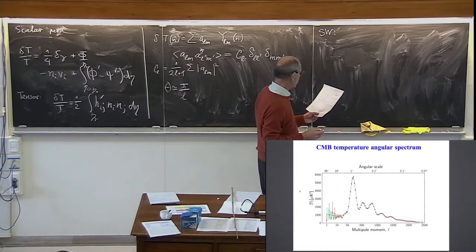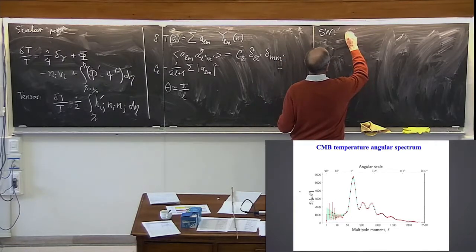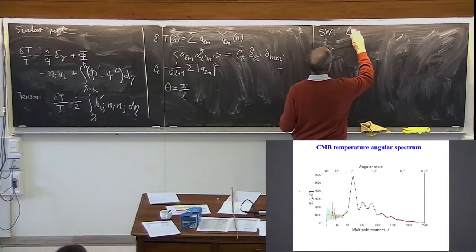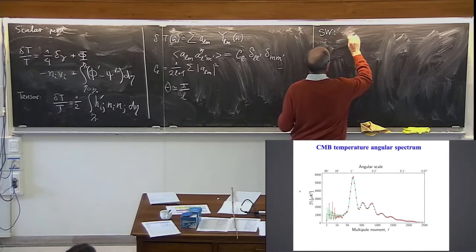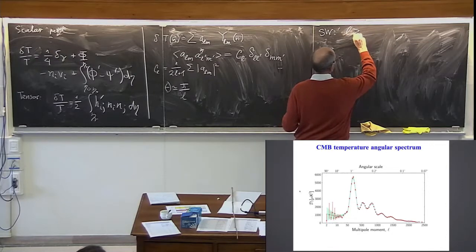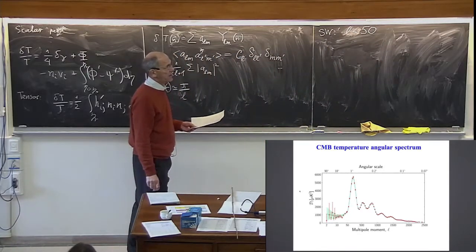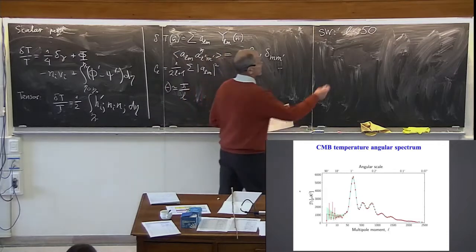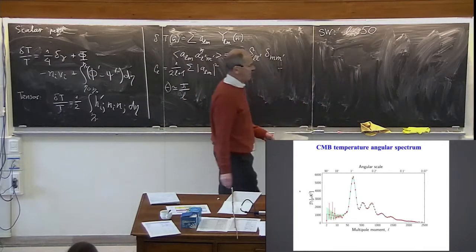So the Sachs-Wolfe effect at small multipoles, meaning L smaller than roughly 50. Large angles, small multipoles. Roughly.